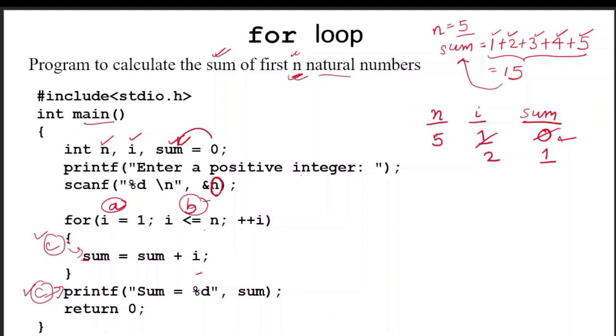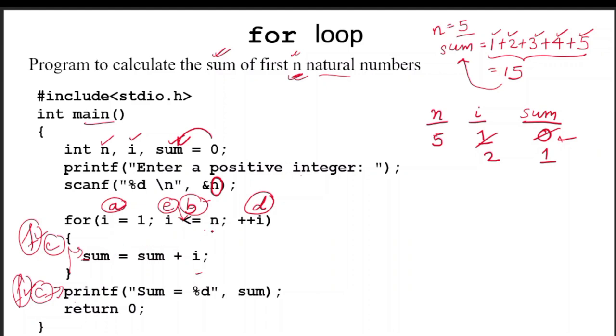After executing the body of the loop, the update is D, i plus plus. Then we check the condition again, this is E, and if the condition is true, we enter the body of the loop, F, or we come out of the loop if it is false.